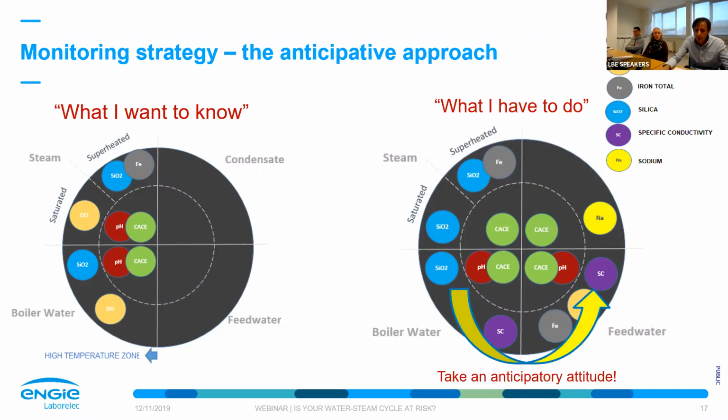That's the reason why we recommend taking an anticipative approach and locating monitoring at locations that can sound strange to operators or non-chemists, but we like to take a very conservative attitude.